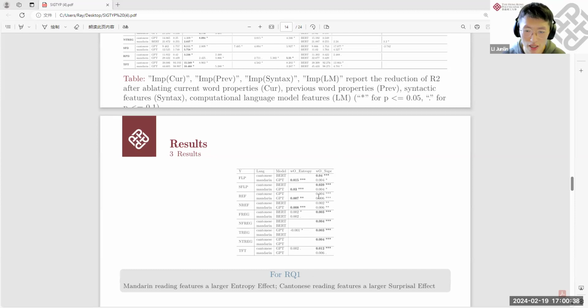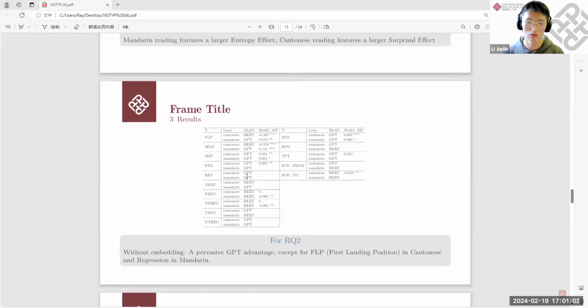On the other side, we found there's a larger surprisal effect in Cantonese in the same way. For example, if we do not include surprisal, there will be a weaker predictive power of our regressor. Again, it's first landing position in Cantonese.